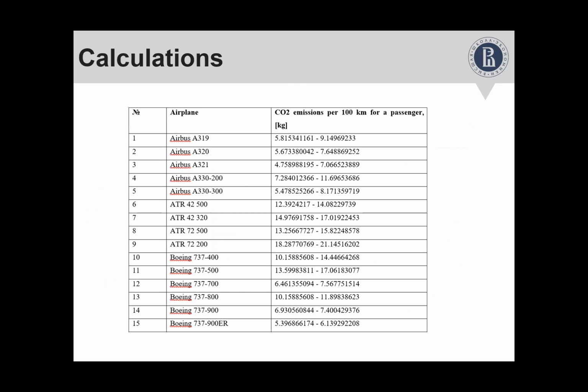As a result, we created a table. This covers more than 15 airplanes, and you can see all the emissions which we calculated for them: the minimum and maximum emission per 100 kilometers for a passenger.